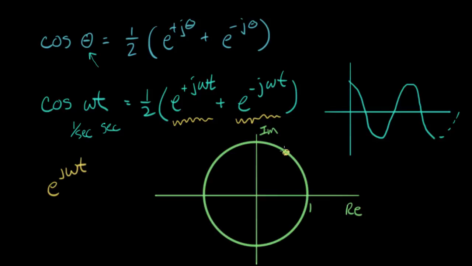We know it falls on the unit circle. We know its angle is whatever is multiplying the j up in this exponent. Whatever's up in the exponent is the angle of this thing. So this angle right here is omega t. And we know the magnitude of this is, as we decided before, 1. That's why it falls on the unit circle.